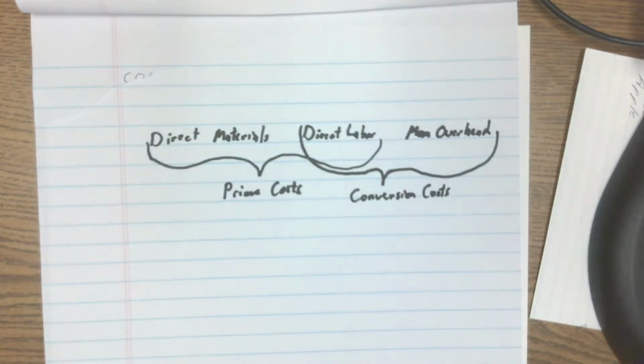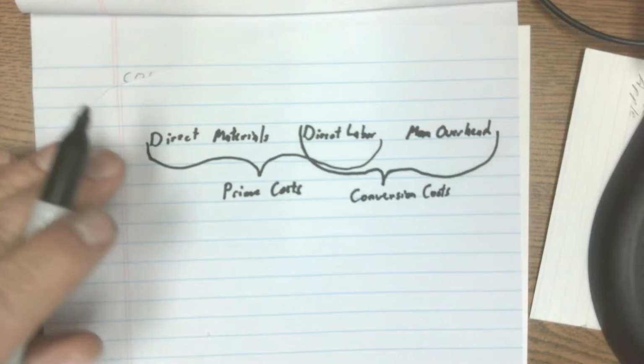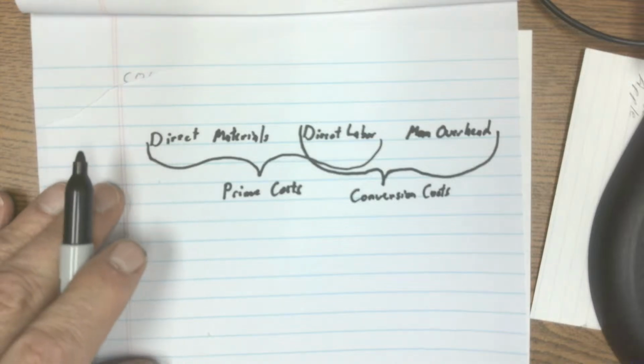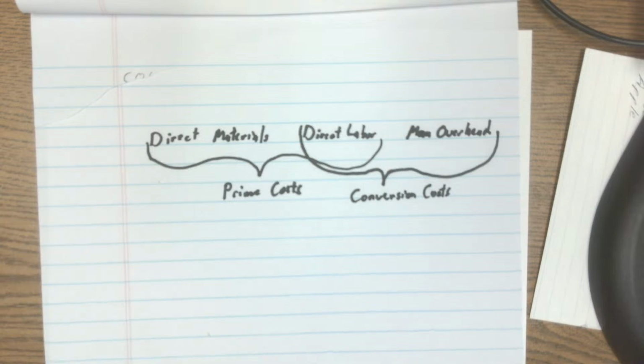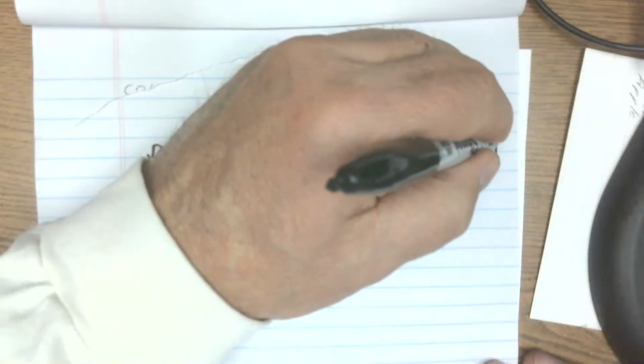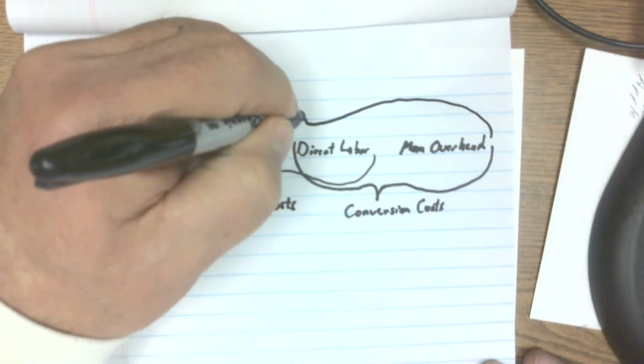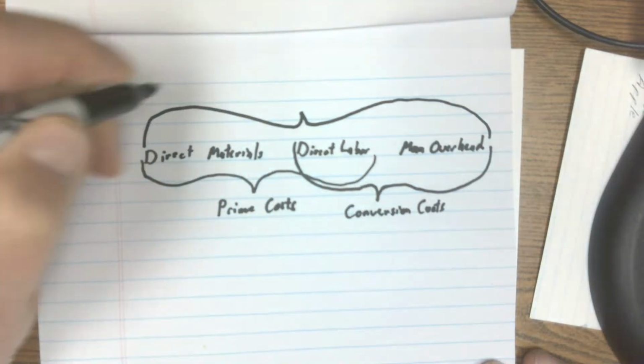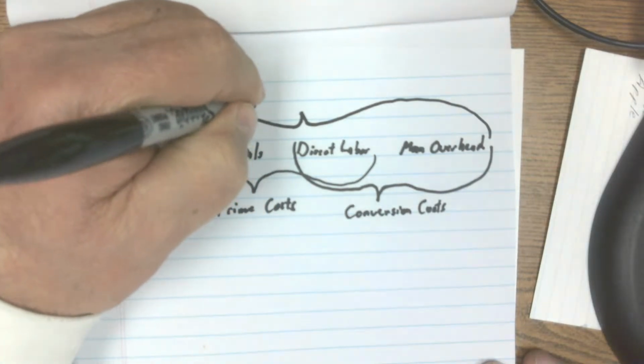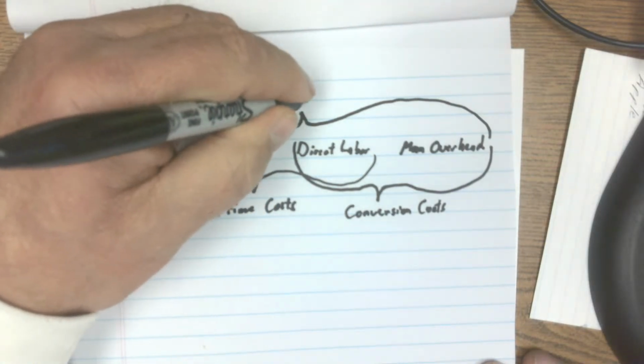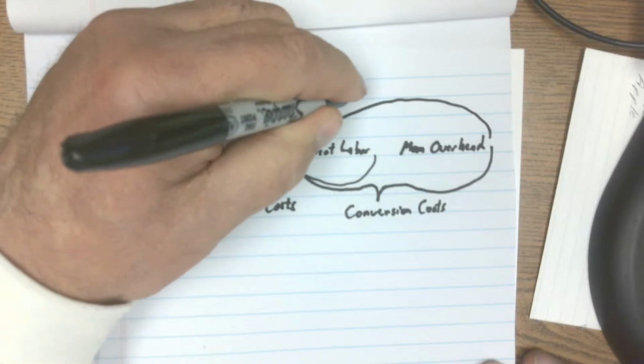Now, it should be pretty apparent that we can't add prime costs and conversion costs together and get anything meaningful because we would be counting the direct labor twice, right? So when we add these all together, direct materials, direct labor, and manufacturing overhead, those three together are product costs.